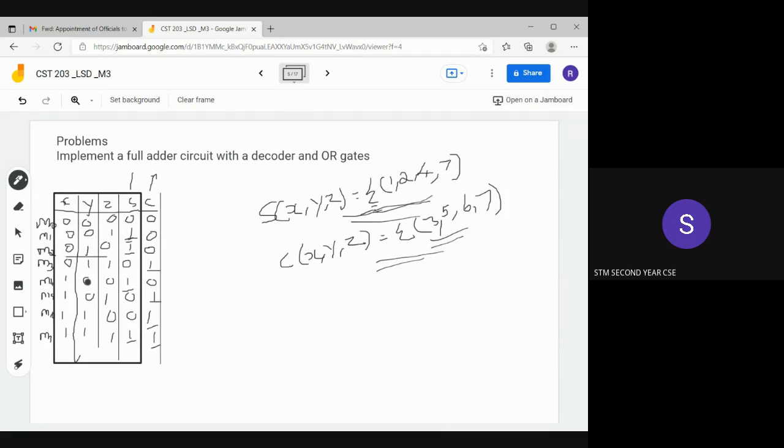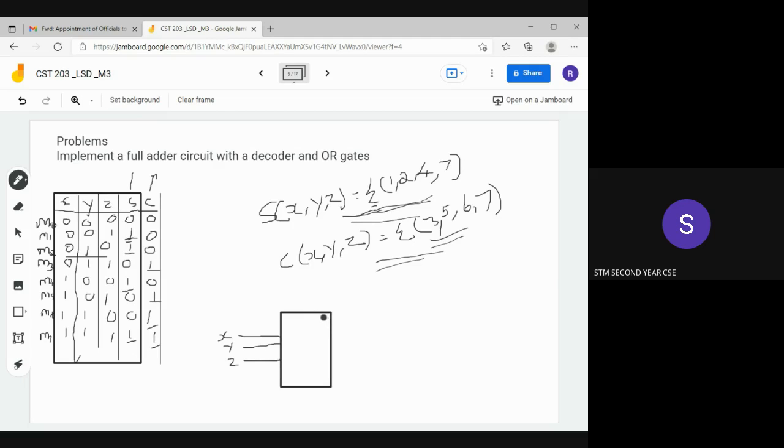decoder. As we know, a decoder is a circuit with, in case of a full adder, 3 inputs, that is x, y and z. Three inputs are there.